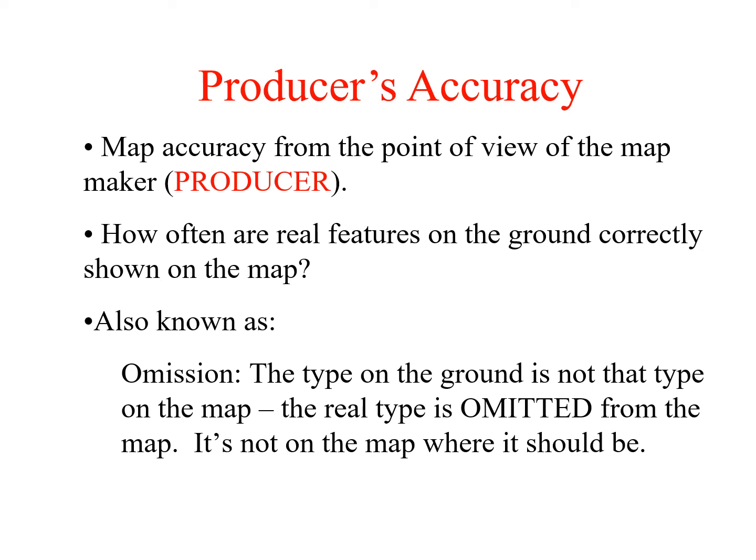So the producer is the only one who knows what the real features on the ground are and can compare that with what's shown on the map, what the actual classified image says those particular points are. This is also known as omission error. So the type on the ground is not the type on the map. Okay, the real type is omitted from the map. It's not on the map where it should be.